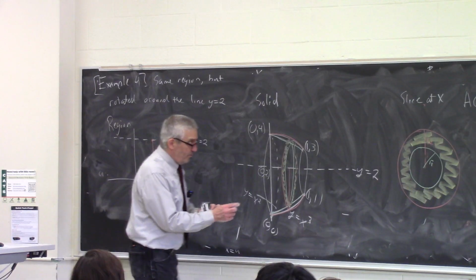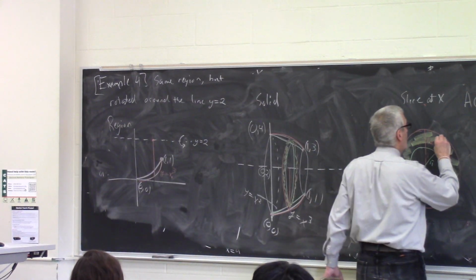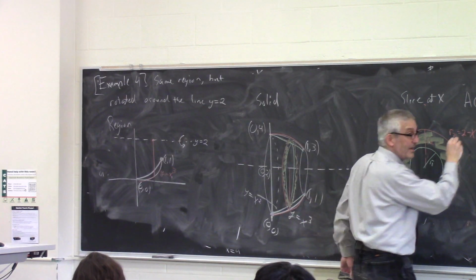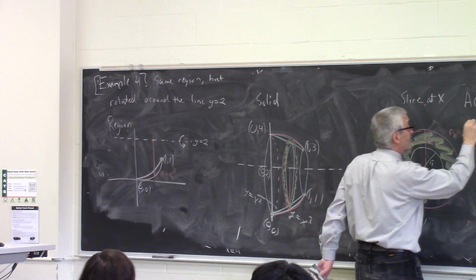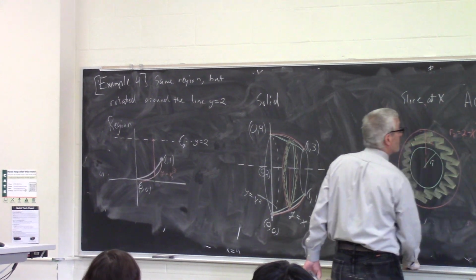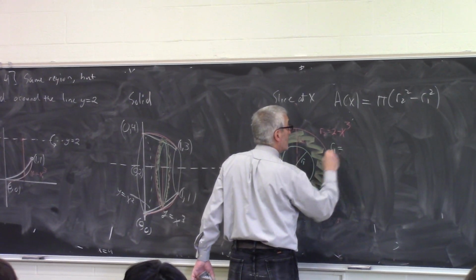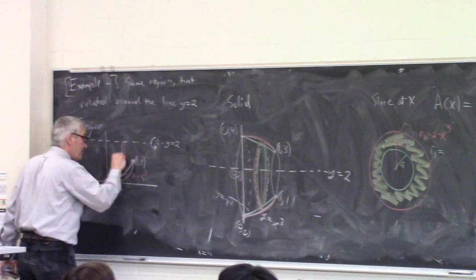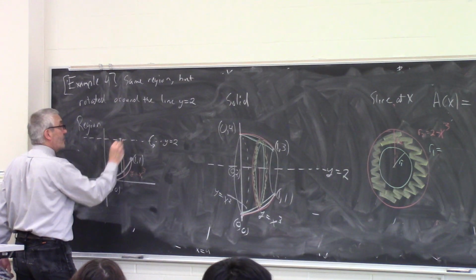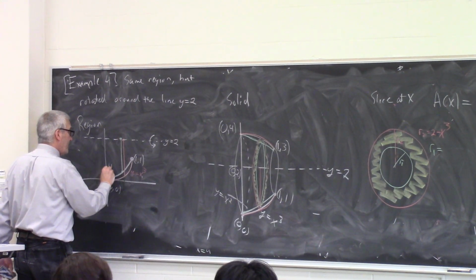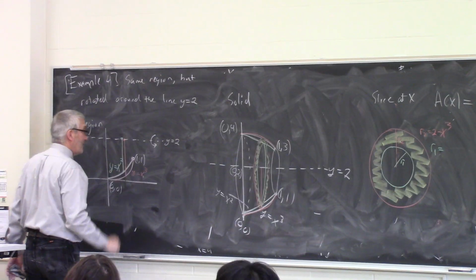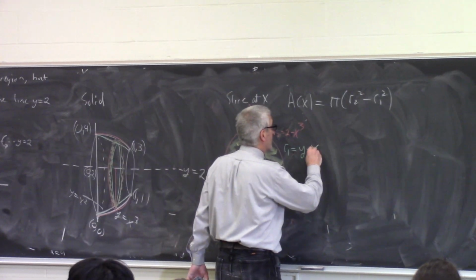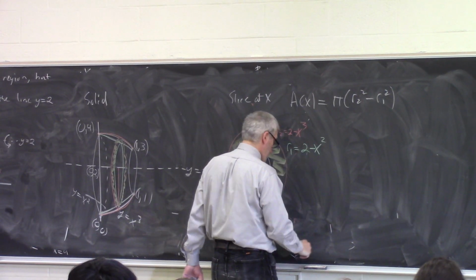So R2 is 2 minus x cubed. And what about the green radius, R1? Well, that's going to be a segment whose top endpoint is on the line y equals 2 and whose bottom endpoint is on the line y equals x squared. So the length of that green line is just the difference of those y coordinates, 2 minus x squared.